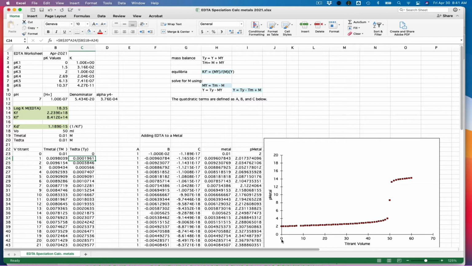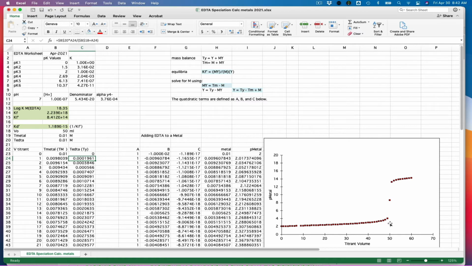So if you add 0 EDTA, you should end up with a P metal of 2, because its concentration was 0.01, and therefore the negative log of 0.01 is 2. And notice that the P metal increases, which means the concentration decreases, but it doesn't decrease that much over this region until we get to 50 mils.